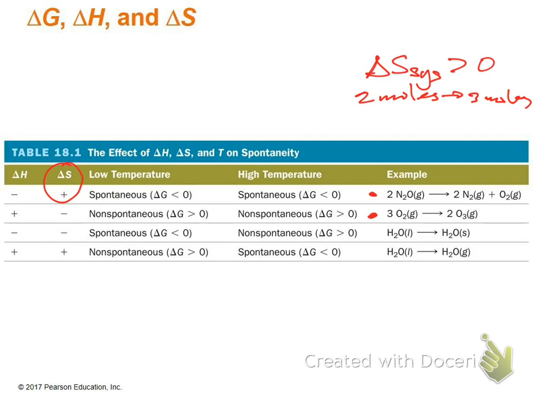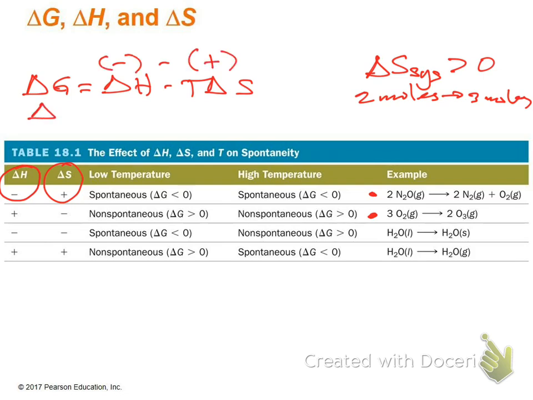So we have a positive delta S, and this decomposition reaction is actually exothermic. So there's a net release of heat, and that will give you a negative delta H. And so if delta H is negative and delta S is positive, if you plug that into this equation, a negative minus a positive will give you a value of delta G that's always going to be negative regardless of the value of T.